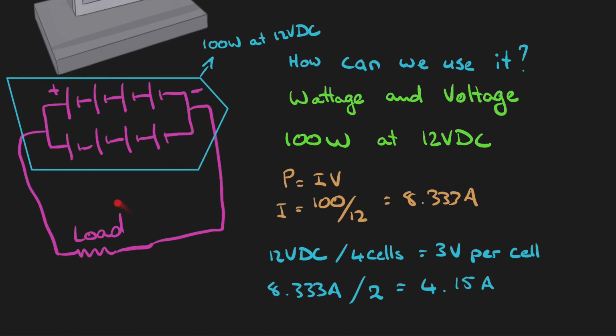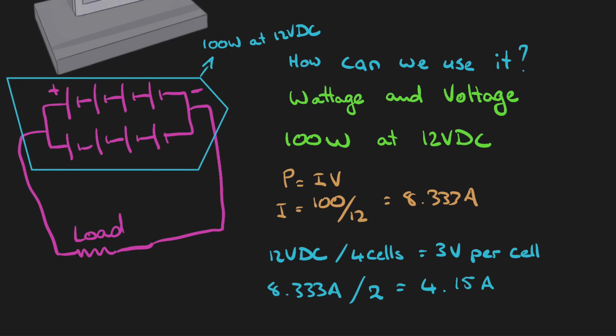And if the load was at its maximum, it's consuming all of this power. Therefore, P equals IV, and the total current flowing through this circuit would equal 8.333 amps.